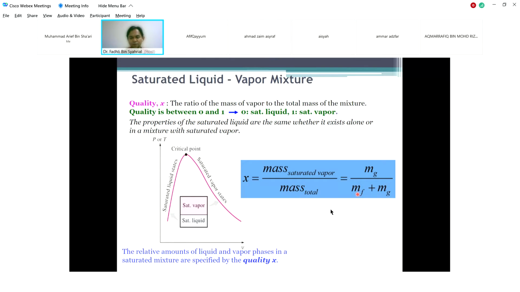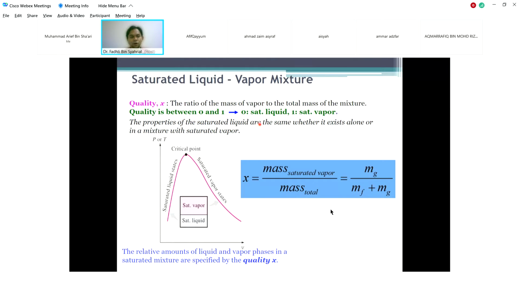Okay, mf plus mg. Mass of saturated vapor is of course mg. So the value of this quality X is in between 0 and 1, since it is a ratio. Okay, so the value is between 0 and 1.